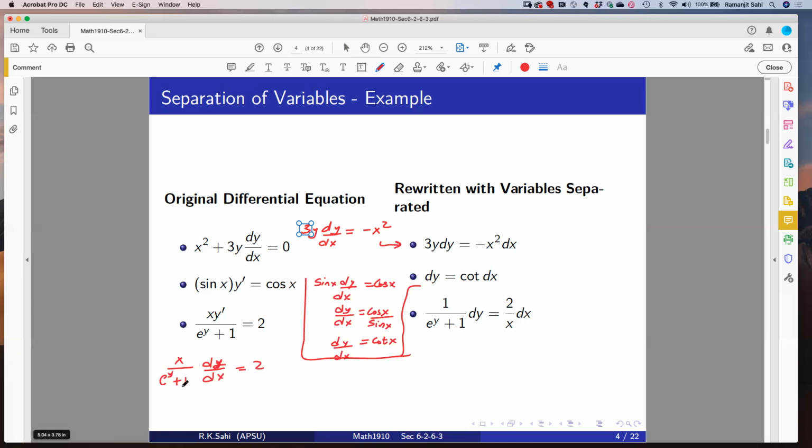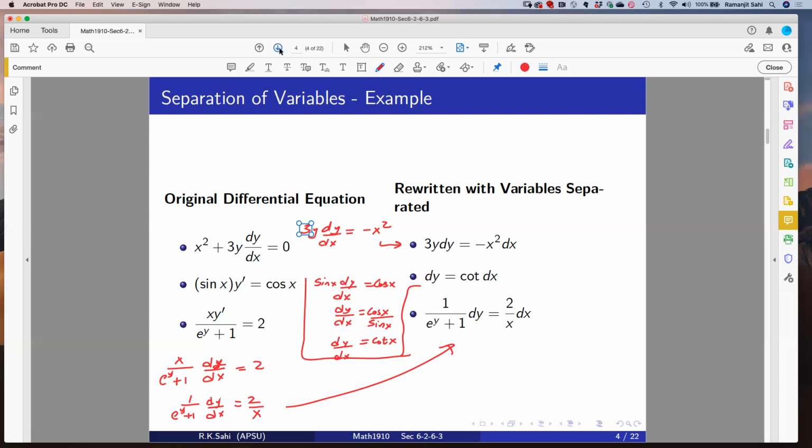Now, e^y plus 1 goes with your dy, and x will be taken to the other side. So we can write this as 1 over (e^y plus 1) dy/dx equals 2 over x. And then just keep the y's and the x's together. So you get 1 over (e^y plus 1) dy equals 2 over x dx.